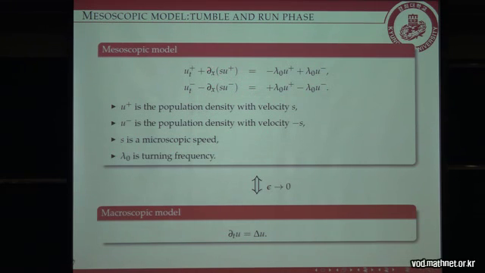If we take 1 over epsilon and 1 over epsilon square as coefficients, then as epsilon goes to 0, this one gives this diffusive equation. So this is just some kind of uniform diffusion equation.